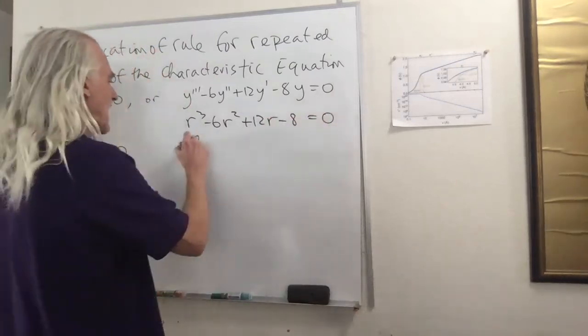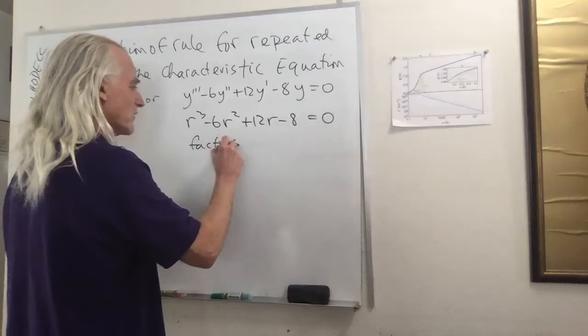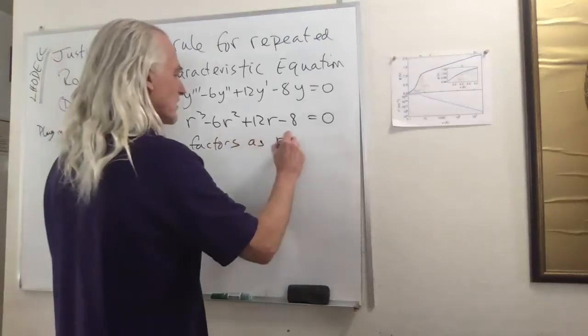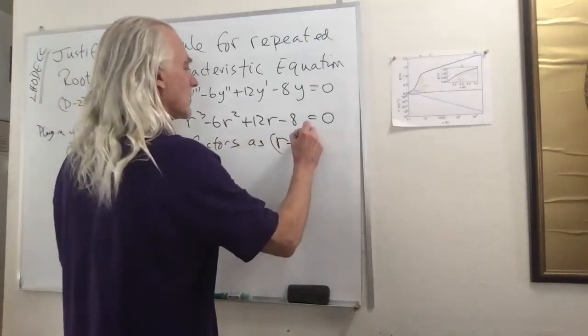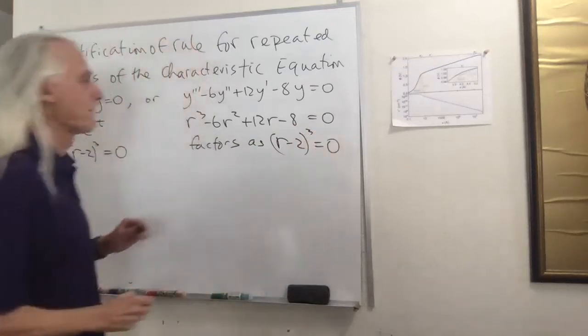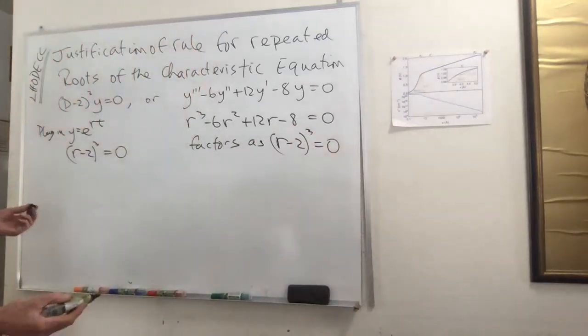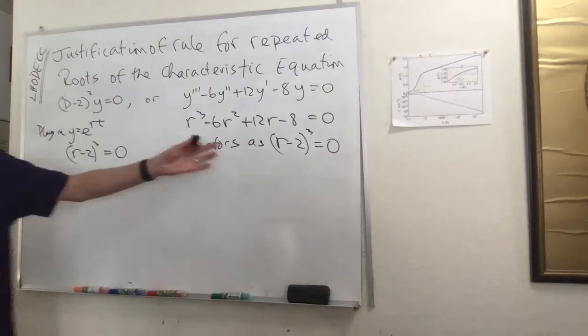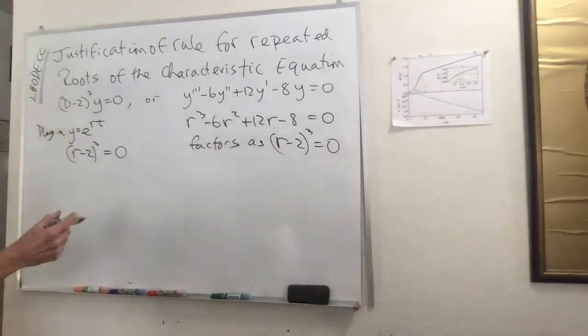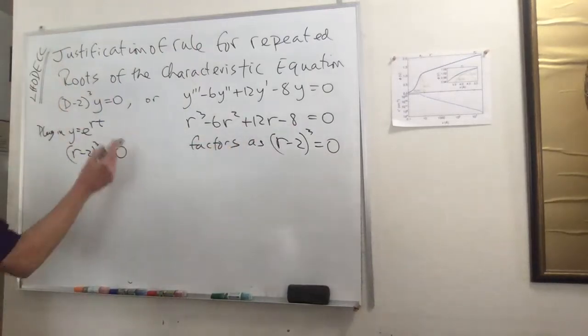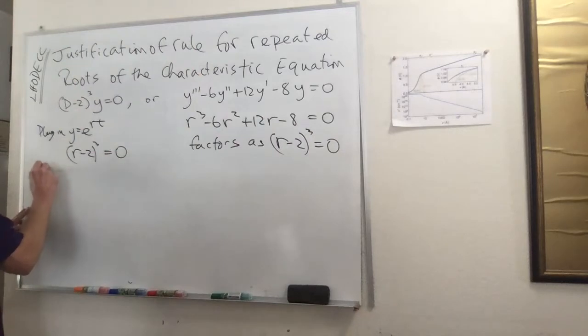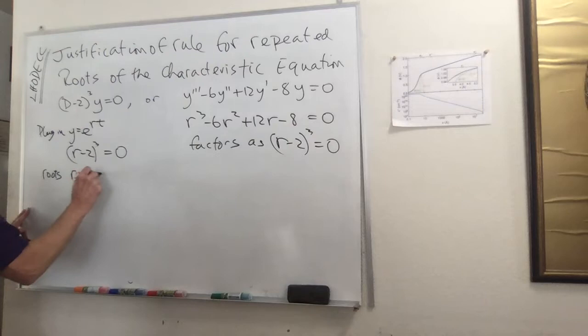In fact, this factors, I wouldn't really know that, but it factors as (r minus 2) cubed equals 0. Wow, who would have thought? But anyway, some of you might remember that. Okay, but let's just deal with this, all right? So I have the roots: r is 2, 2, and 2.